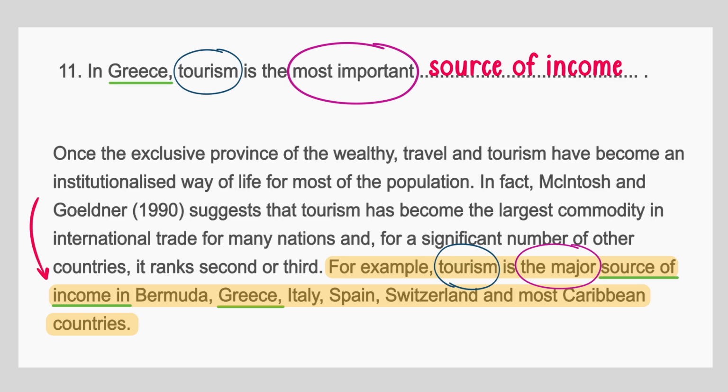But remember again something. The word that appears after your connecting word, which is the major here, is not always the answer, right? You should look for a word that makes sense. If you put it in the blank here, that should definitely make sense, all right? So source of income here makes sense because the most important source of income, tourism is the most important source of income increase, all right?